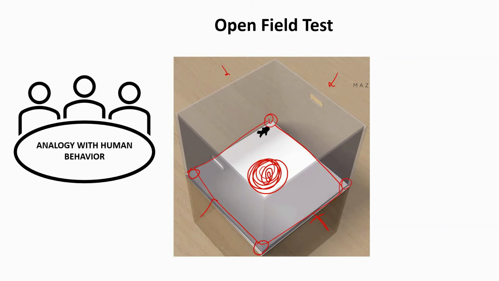Like literally on the walls of that chamber, you don't want people to see you, so you will try to hide as much as possible, right? So what do you expect from a fish which is cognitively so intelligent? A healthy fish will always be seen at the boundaries of the chamber.